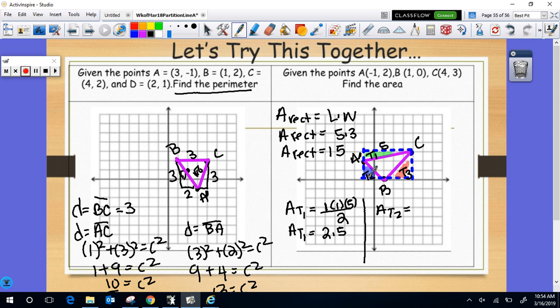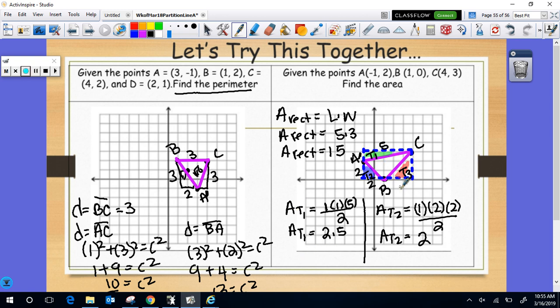If I count this side, that's 2, and from here to here, that's 2 boxes, so that's 2 by 2. The area of a triangle is 1/2 base times height. So the area of triangle 2 is 2 times 2 times 1/2, that's 4 over 2, and that's going to be 2 units.